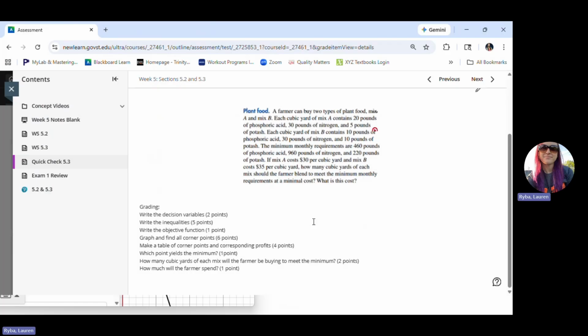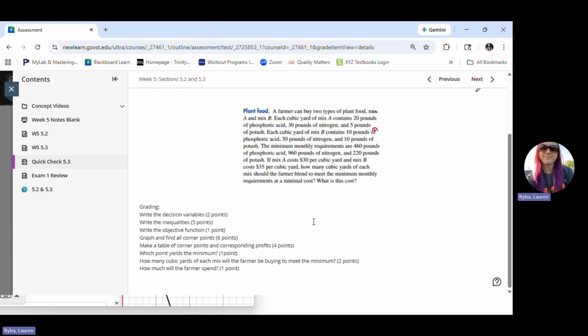First part is, tell me what your 2 variables represent. Write your inequalities. Write your objective function. Graph and show me all the corner points. Okay? Then you're going to make your table of all your corner points and your corresponding profits.